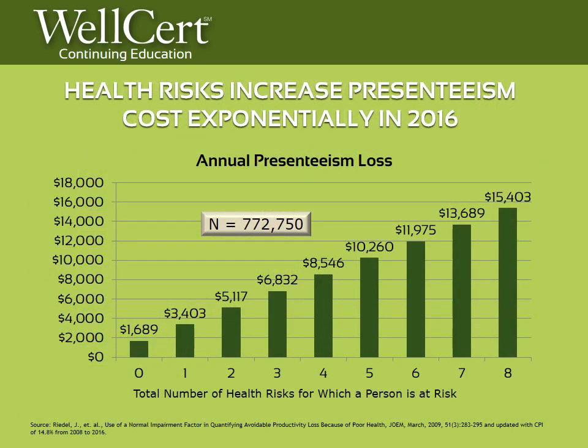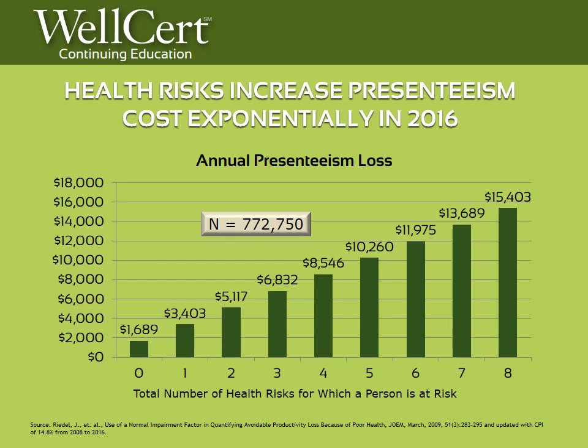Now, this particular data is health risk increased presenteeism cost exponentially in 2016. So this is 2016 related data. It was originally reported in 2009 and then updated using the CPI, the Consumer Price Index, between the years 2008 and 2016 of a total of 14.8%. So our CPI during that time period was 14.8%.